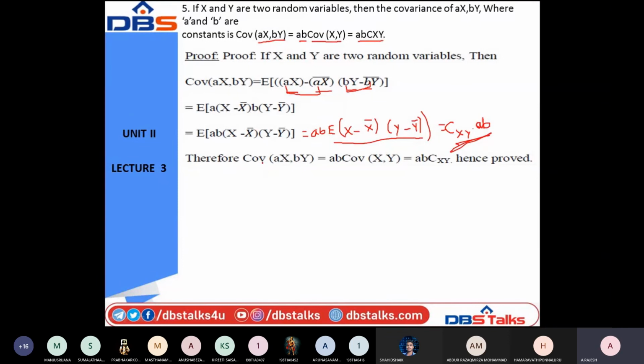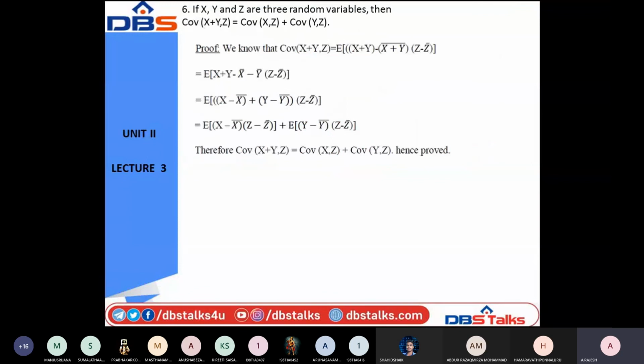See here, the covariance of aX, bY will be equal to ab into the covariance of X and Y. It can also be written as ab into C of XY. Okay, so this is the last property. See here, if X, Y, Z are three random variables, then we need to find the covariance.